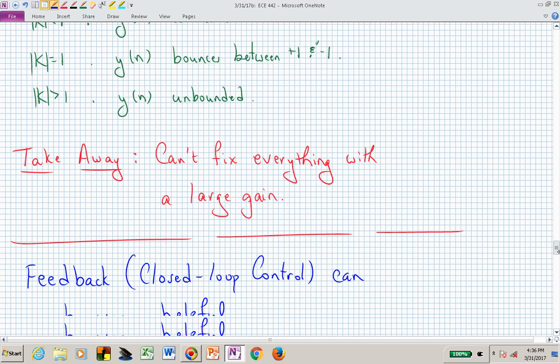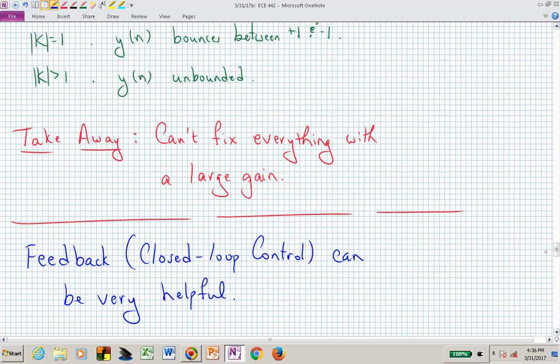Now, we've seen that feedback for closed loop control can be very helpful, and so the nice thing is we need to be armed with a little bit more knowledge than just utilizing a controller that consists of only some large gain value in any given scenario. So we have to be a little bit wiser in how we design our controller.